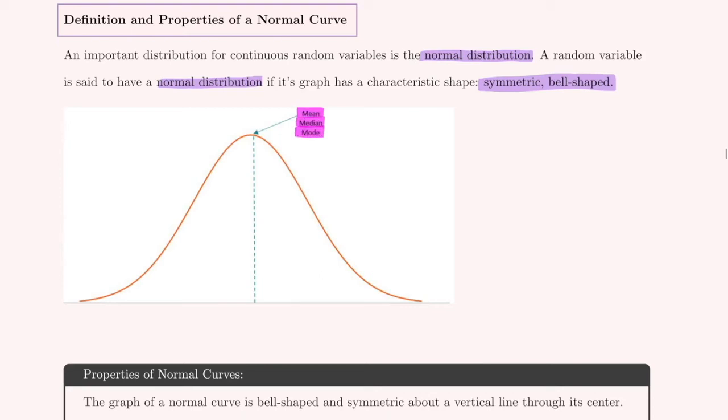In a normal distribution, in the very middle of the distribution, at the peak, lies the mean, median, and mode of the data set. So in a normal distribution, the mean, median, and mode are all equal values.